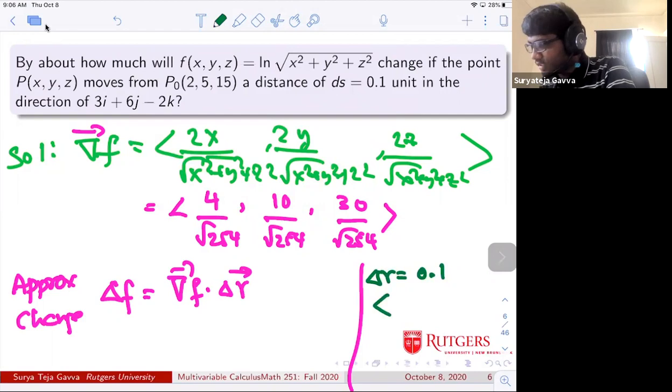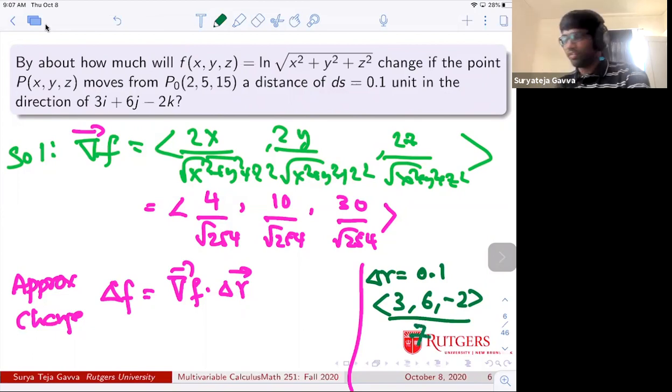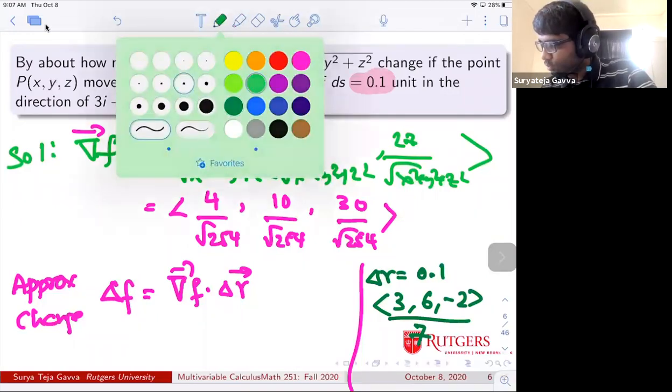The unit vector would be 3, 6, minus 2 over the square root of 3 squared plus 6 squared plus 2 squared, so 36 plus 4 is 40, plus 9, so this is 7. That's a unit vector. So you're moving a distance of 0.1 along this unit vector.